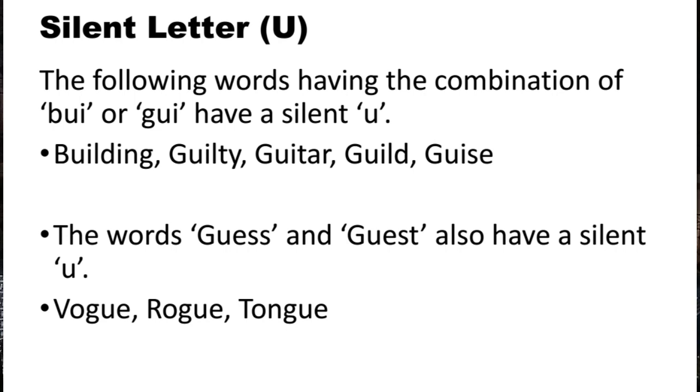In these words, letter U is silent. The words guess and guest also have a silent U. And at the end, we have the words vogue, rogue, and tongue. In these words, the letter U is also silent.